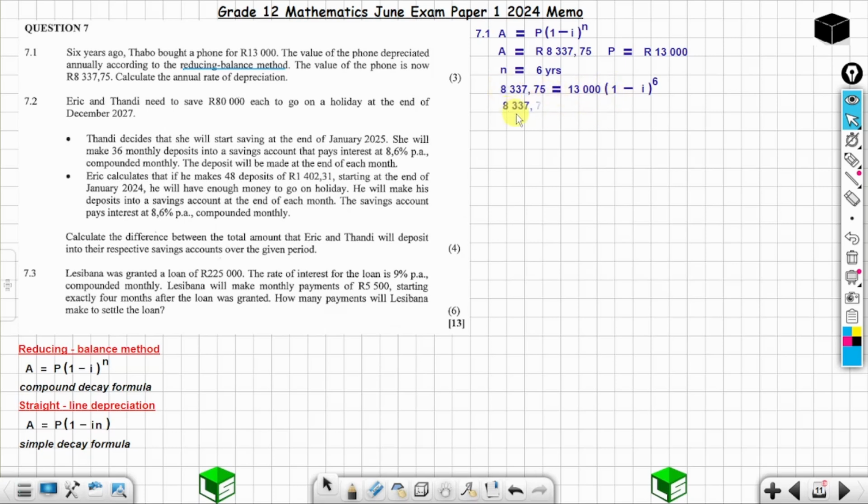On this side, you have this, which is equal to this. Now you have to get rid of the exponent. You are going to take the 6th root of this. This is equal to the 6th root of this. Now let's find this.